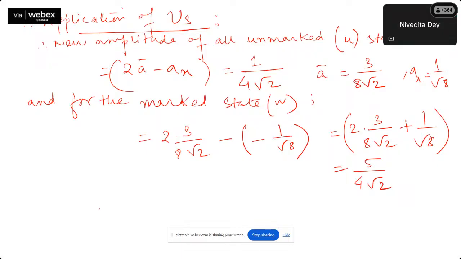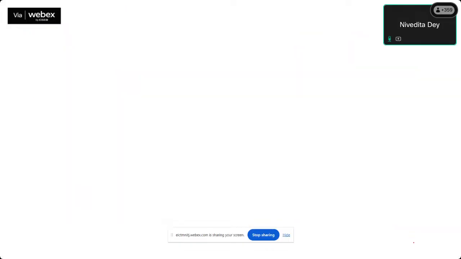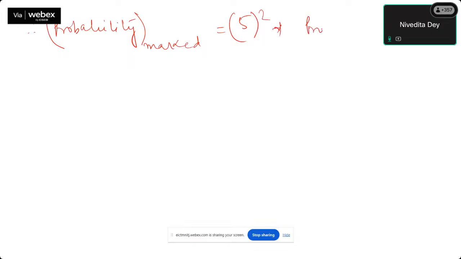So the amplitude of the marked state W is 5 times the amplitude of the unmarked U. Since probability is the square of the probability amplitude, the probability of the marked one is 5 squared times the probability of the unmarked, so the probability has increased 25 times.